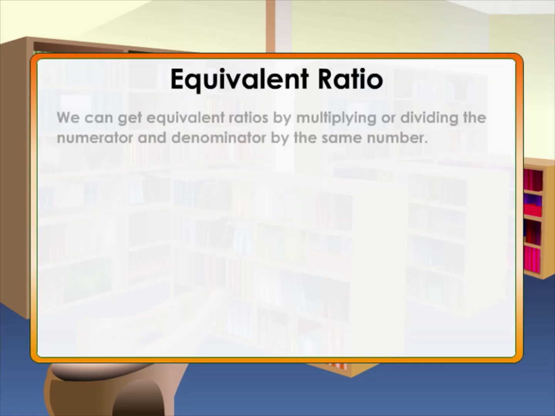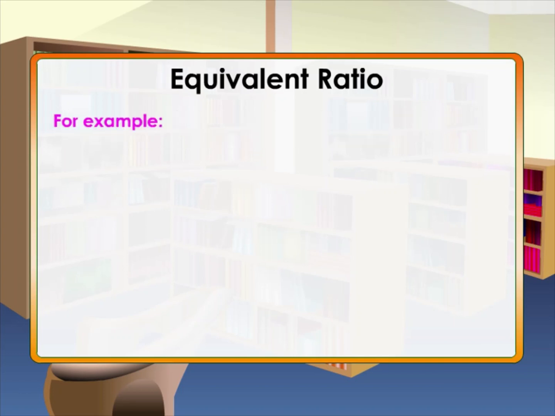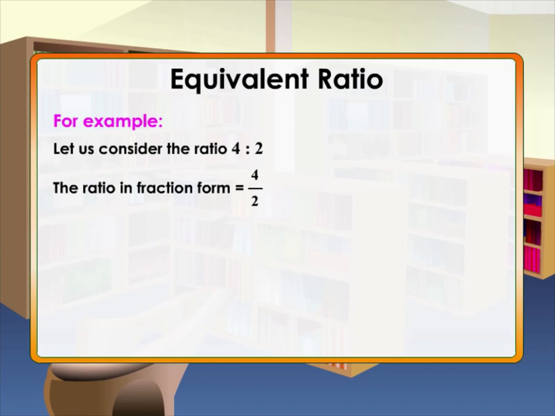Equivalent ratio. We can get equivalent ratios by multiplying or dividing the numerator and the denominator by the same number. For example, let us consider the ratio 4 is to 2. The ratio in fraction form is equal to 4 divided by 2. To find the next equivalent ratio, multiply the numerator and the denominator by 2.